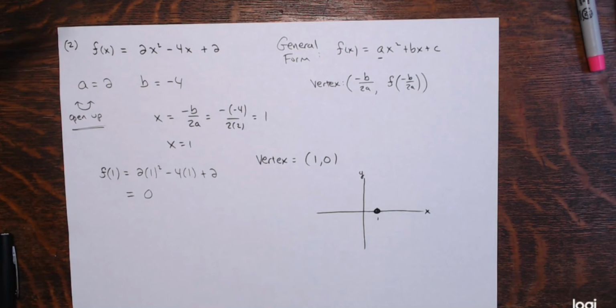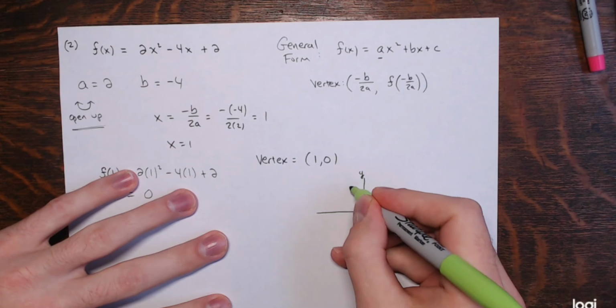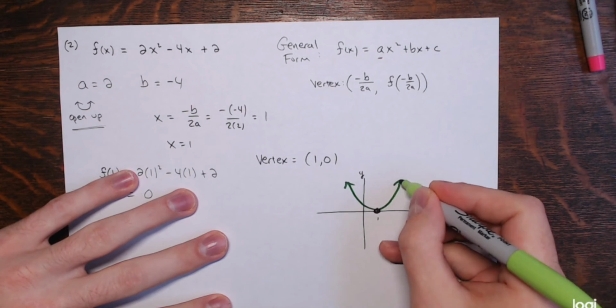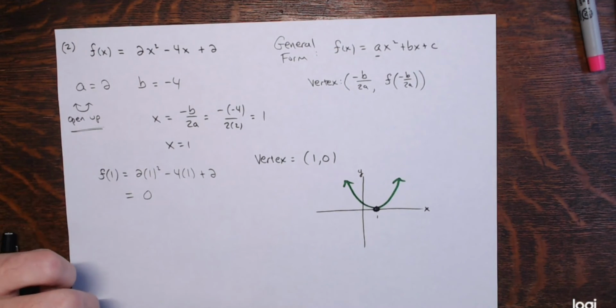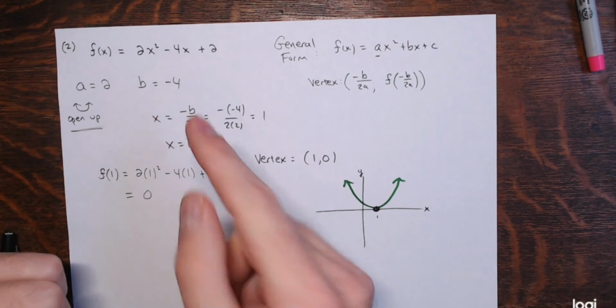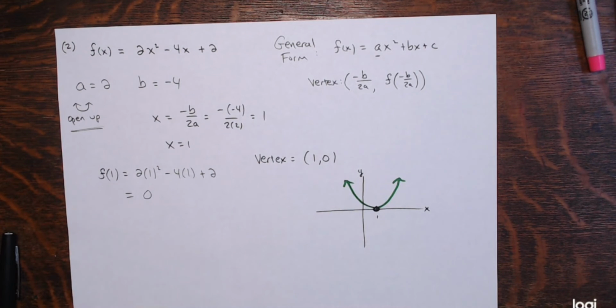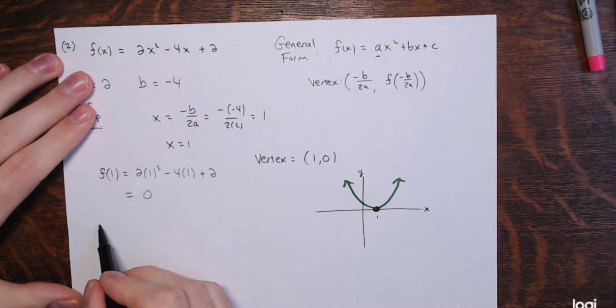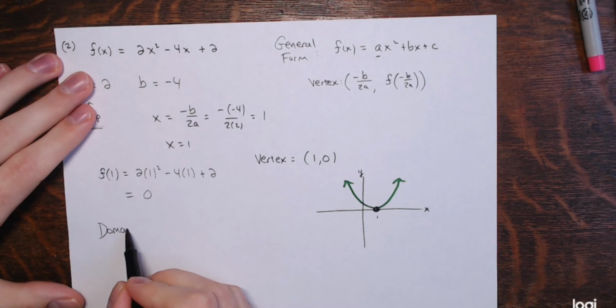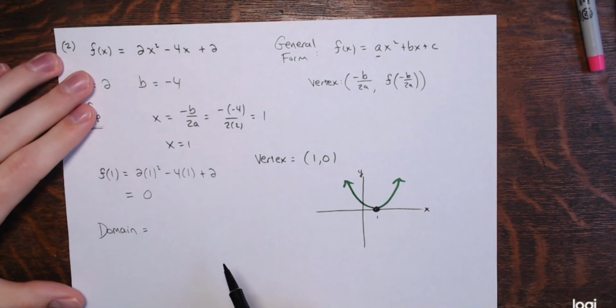So again, I'm just going to do a very rough sketch of this. There you go. It'll cross the y-axis at 0, 2 if you want to put that in, but I don't really care where the intercepts are. I just want to know where the vertex is and which way it opens. The domain of this function, again, the domain for all these quadratic functions is all real numbers. You can plug in whatever you want for x.